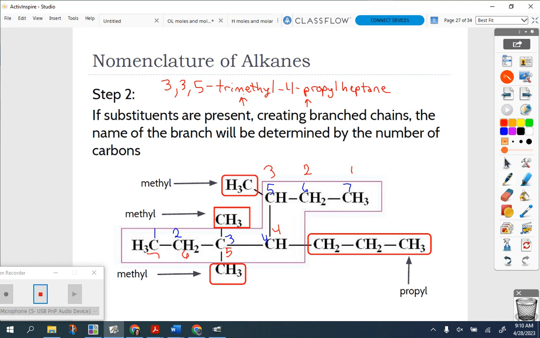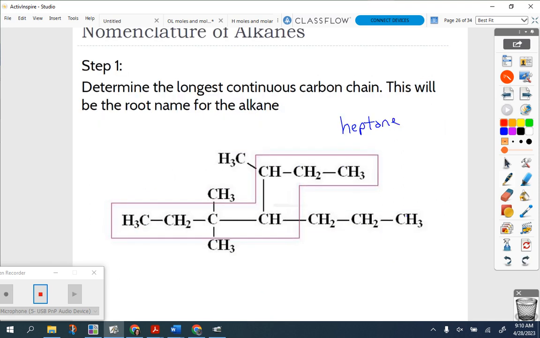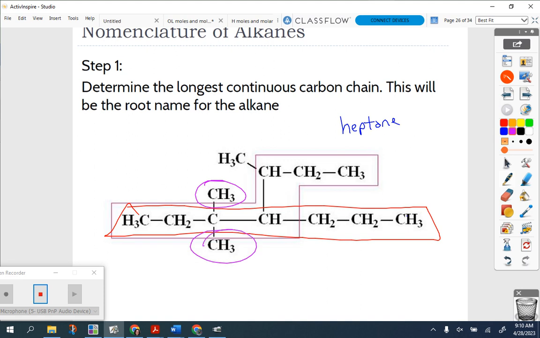Because if we did it this way, then what I have as branches are methyl, methyl, and a crazy branched thing. I don't want that. I want as many groups coming off of the main chain as possible.